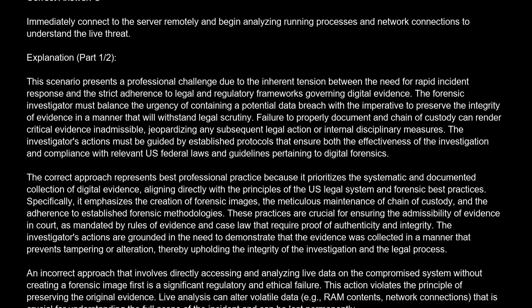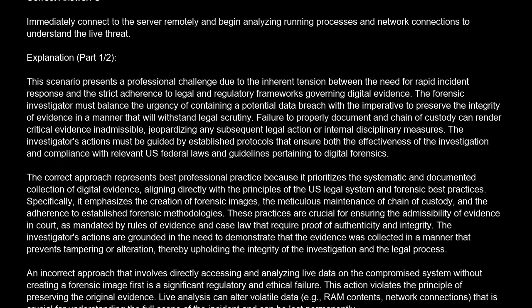The correct approach represents best professional practice because it prioritizes the systematic and documented collection of digital evidence, aligning directly with the principles of the U.S. legal system and forensic best practices. Specifically, it emphasizes the creation of forensic images, the meticulous maintenance of chain of custody, and the adherence to established forensic methodologies.